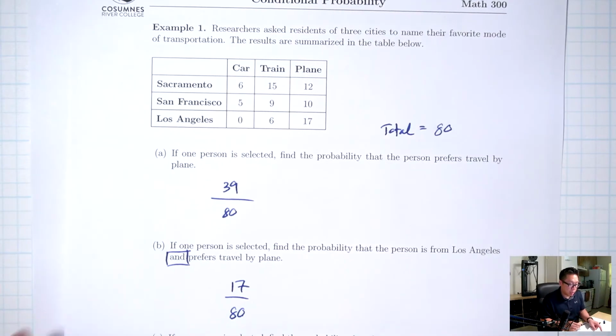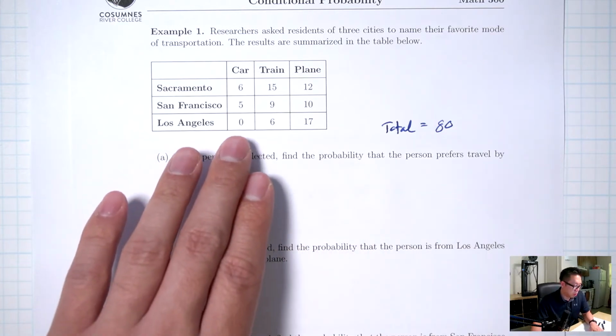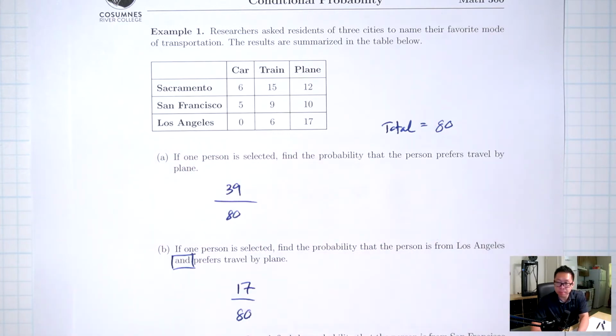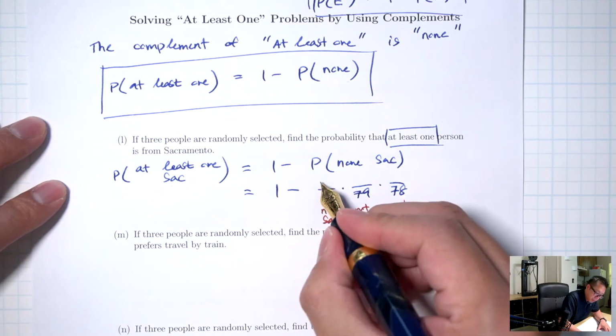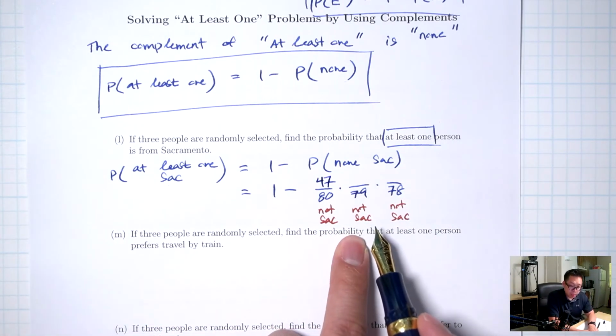First fraction top, I want not Sac. So how many not Sac? Not Sac would be 5, 9, 10, plus 0 plus 6 plus 17. 47. Second person, I also want to be not Sac.